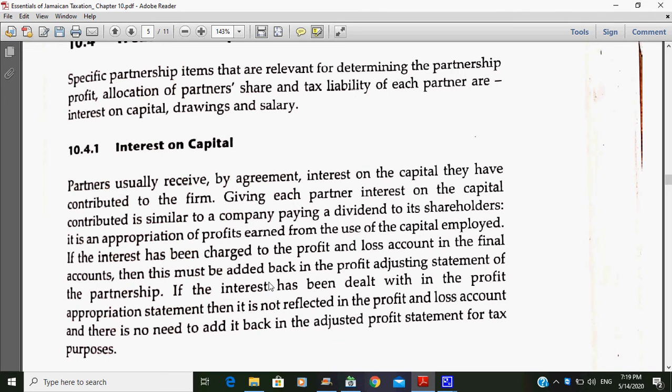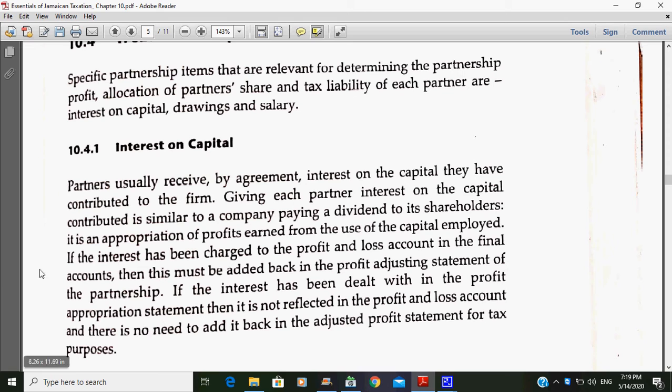If the interest has been dealt with in the profit appropriation statement, then it is not reflected on the profit and loss account, and there is no need to add it back in the adjusted profit statement for tax purposes.